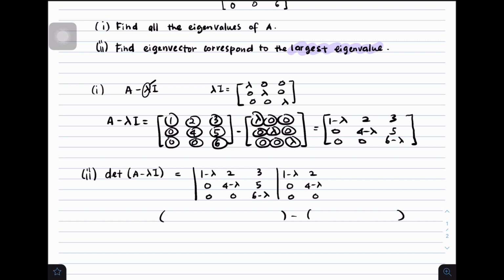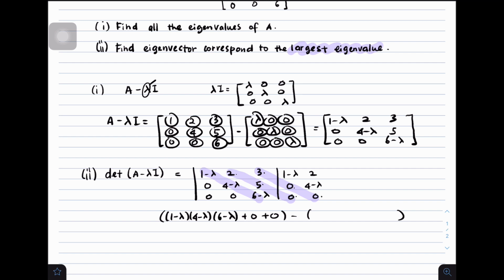For the first bracket, you need to multiply the diagonal elements here. So you multiply 1 minus lambda times 4 minus lambda times 6 minus lambda, plus 2 times 5 is 10, 10 times 0 is 0, plus 3 times 0 is 0, 0 times 0 is 0. So that one is for the first bracket.